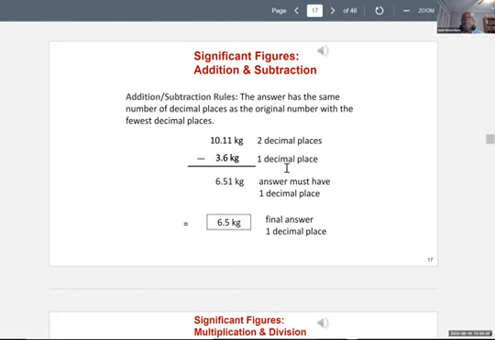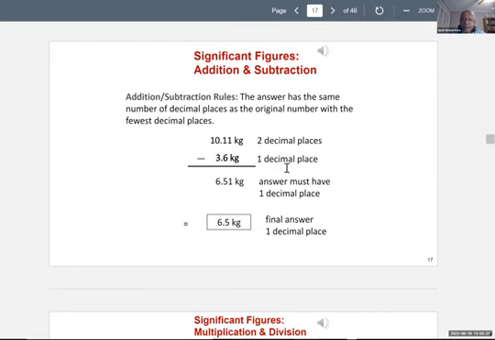All right? So the question is this. When you add or subtract 2 measurements, the answer also should have an uncertainty and significant digits.